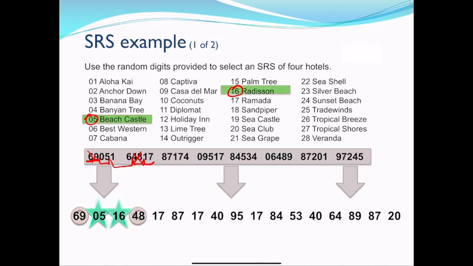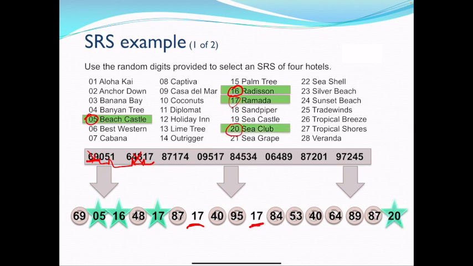17 works, Gold Star. So we picked our Ramada. 87, that's a no-go. 17, that's a repeat, so we skip it. Another repeat of 17. And lastly, 20. So we've got our sample of 4. And if I needed to, I could have gone to another row of the table.